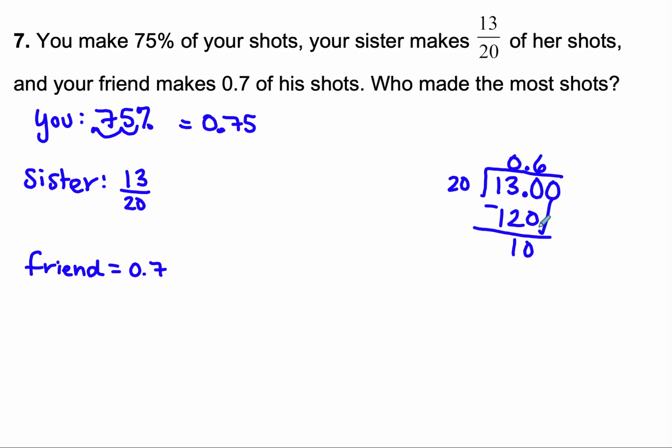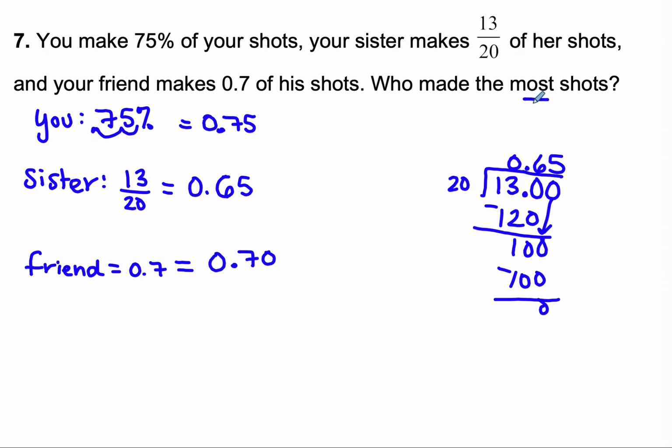Add a 0, bring it down. 20 goes into 100 5 times exactly. So my decimal for 13/20 is 65 hundredths. And since we're comparing decimals, we need to have everything in the same amount of decimal places. So I'm just going to add in an extra placeholder 0 here, 70 hundredths.